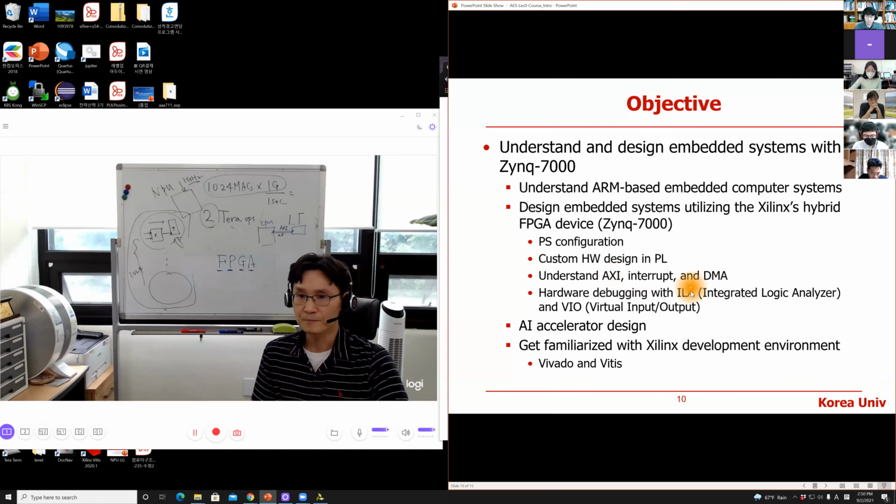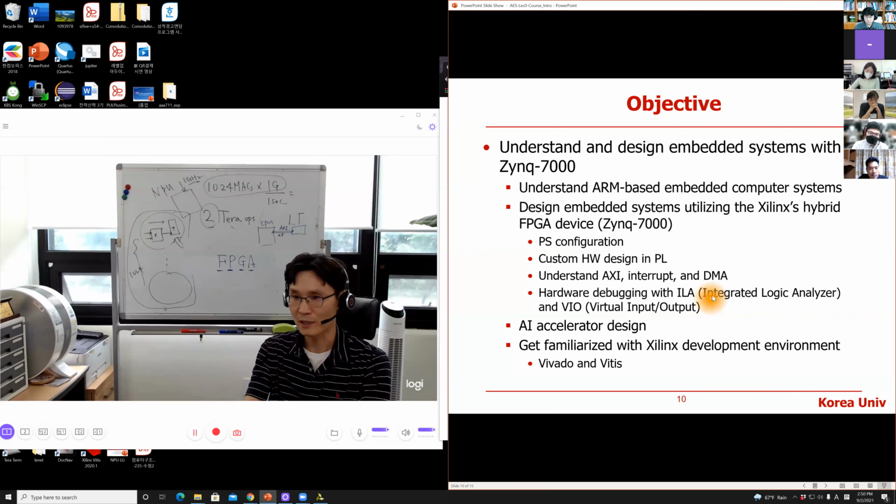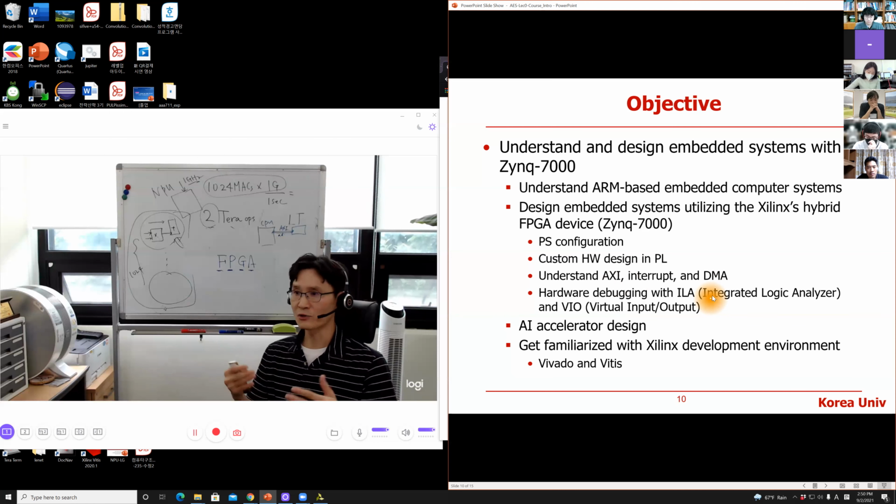And hardware debugging. Once you have a hardware design, you download it to the Zynq 7000 device and run some software. Then what if something goes wrong and the system does not work? How would you debug your system?